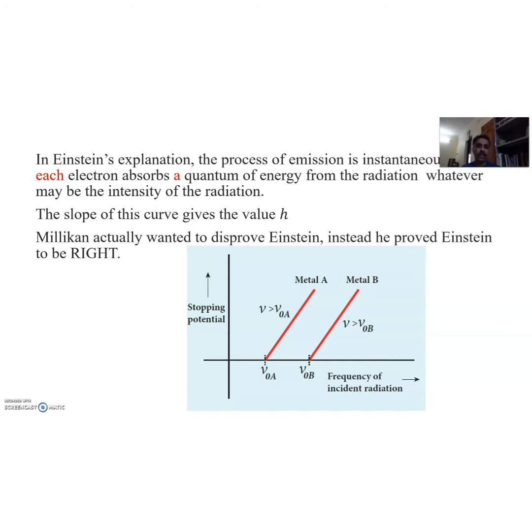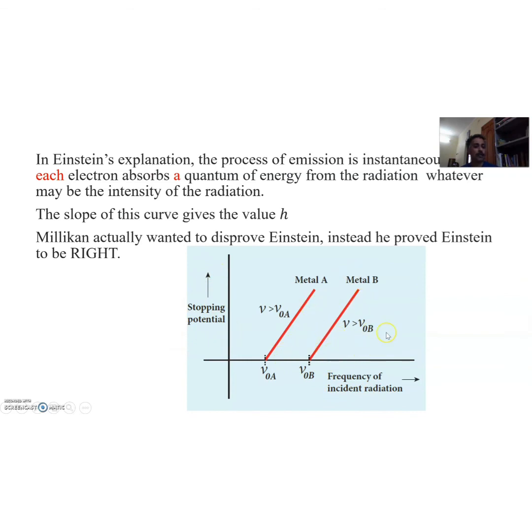And Millikan actually wanted to disprove Einstein. So he meticulously did many experiments. He repeated this experiment by changing materials. So he chose different materials and performed this experiment, right? He varied the frequency of incident radiation and measured the stopping potential. You want to find the relation between the frequency of incident radiation and the stopping potential for different materials, right?